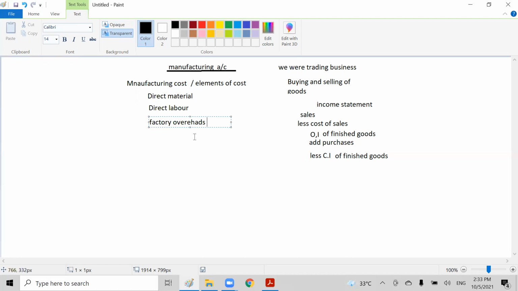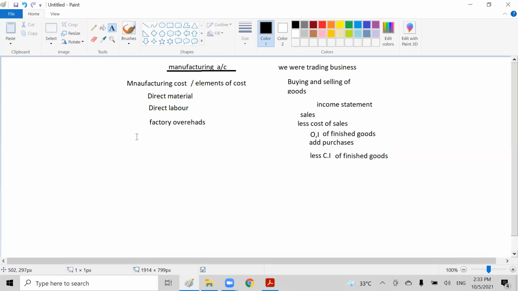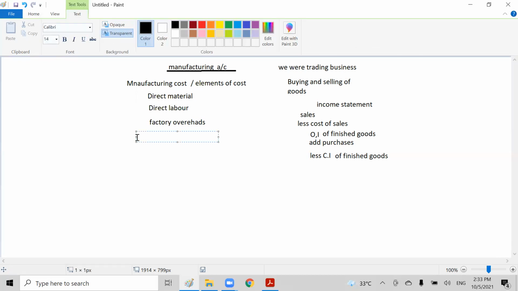Now let's talk about direct material. But first, we will discuss direct material, direct labor, and factory overheads. We need to know about direct cost. So please write the definition of direct cost, because you need to write it down. Give the heading of direct cost and write it down.